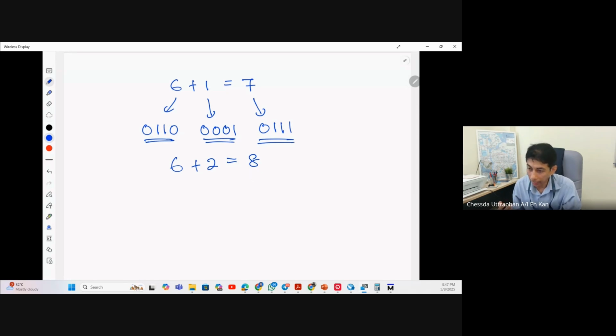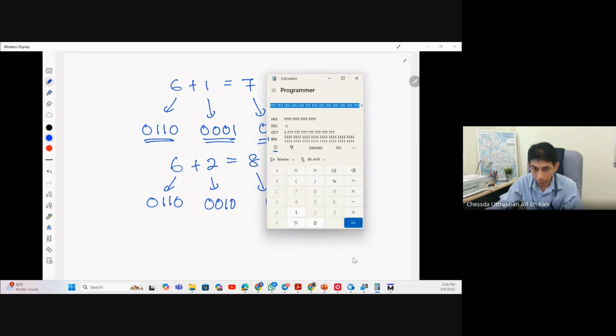But what about in hardware? In 4-bit hardware, this is 6. Again, nothing wrong. This is 2. Again, nothing wrong. This is 8. Is it wrong? Okay, so we use a calculator.